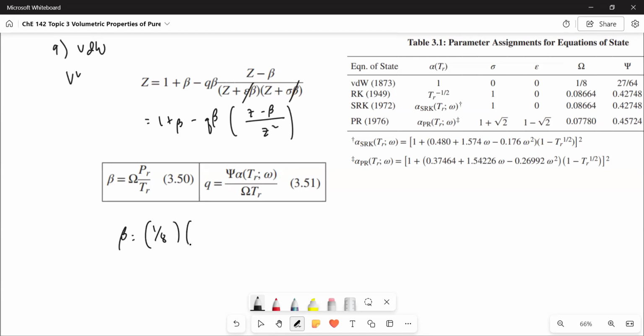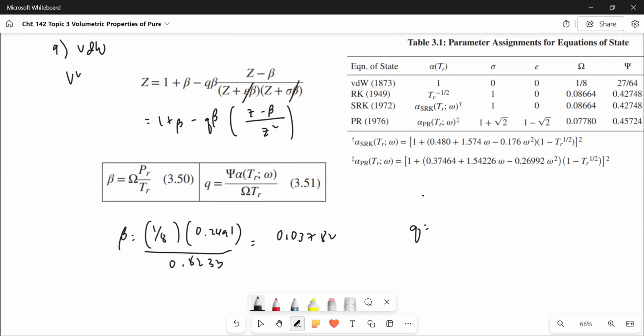So let me write that. PR is 0.2491, and then we solve for TR, that's 0.8233. What you will get is beta equal to 0.03782.